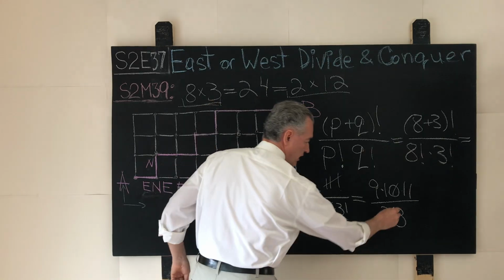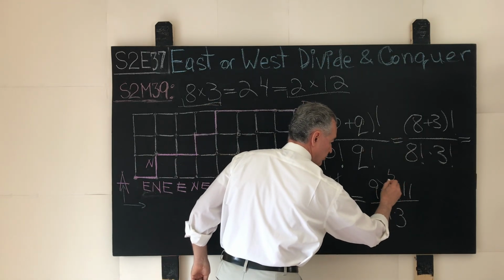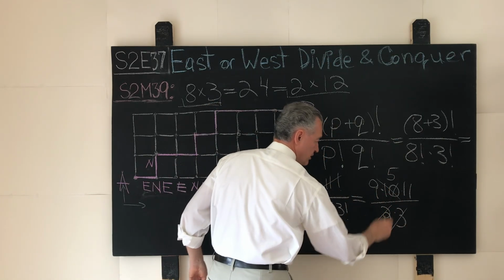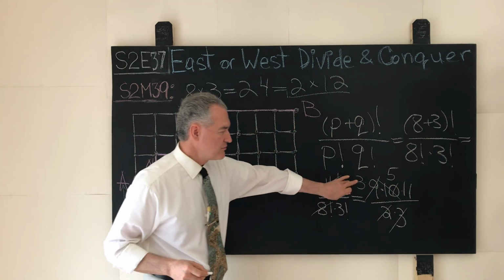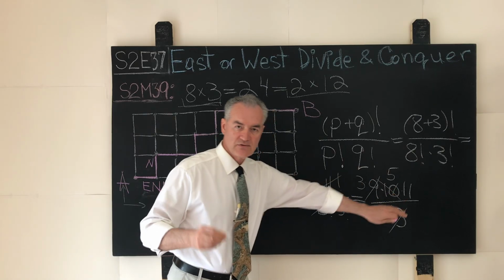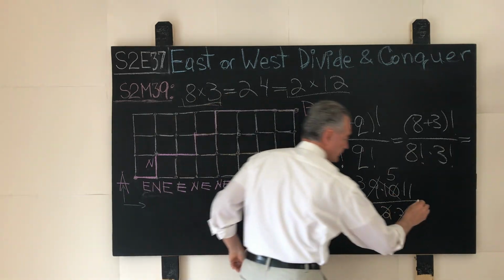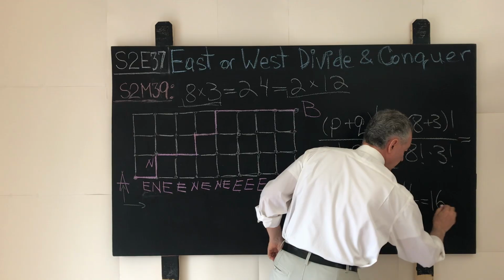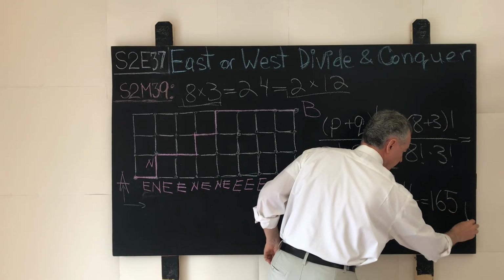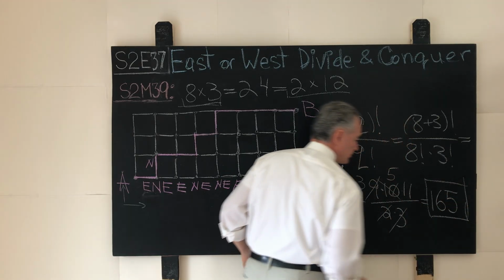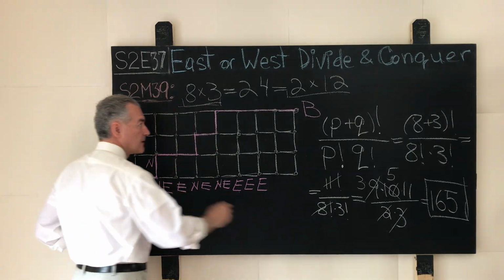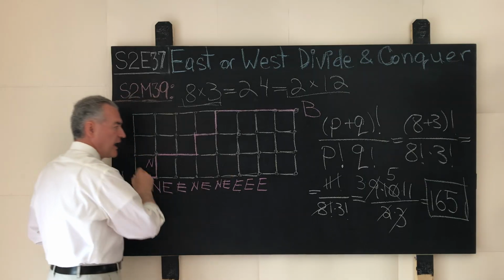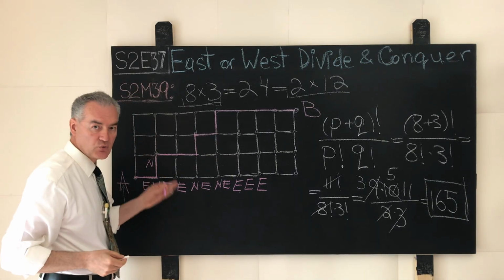And then 2 and 10 produce 5 in the numerator. 3 and 9 produce 3 in the numerator again. 3 and 5, 15. 15 times 11 is 165. So now we have 165 distinct paths from the point A to the point B over the 8 by 3 finite unit square lattice.